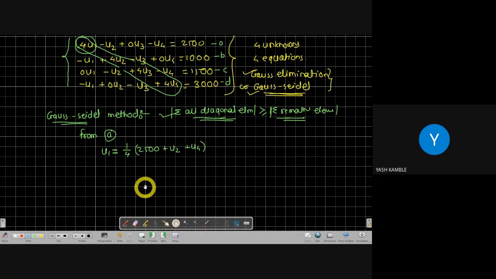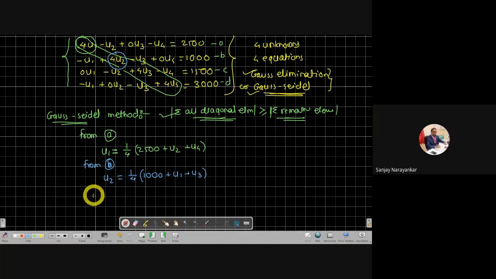Now, similarly, we can write from B, for U2. U2 is equal to 1 by 4 (1000 plus U1 plus U3). From C, we can write for U3.